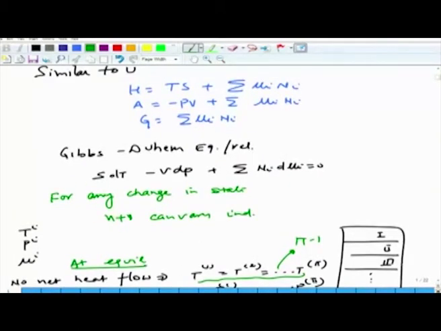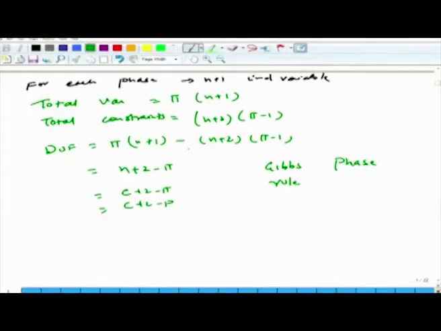Since we have defined this particular expression using Euler's theorem for thermodynamic functions, which were all extensive functions, we can generalize this by considering an arbitrary E as an extensive function.